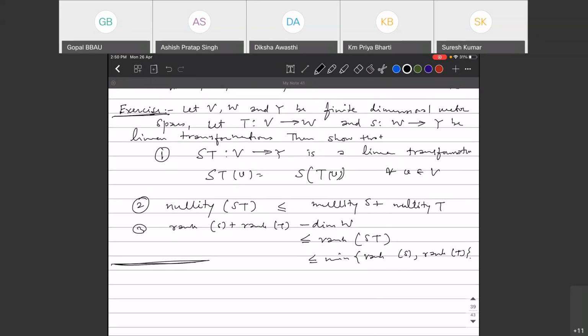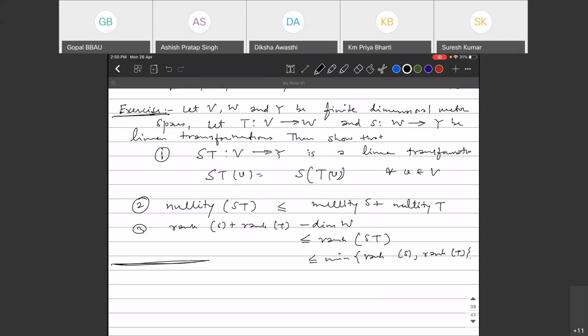Then if you face some difficulty after trying many times, say you tried 10 times and you are not getting it, then you may look at the notes and get a hint from there.